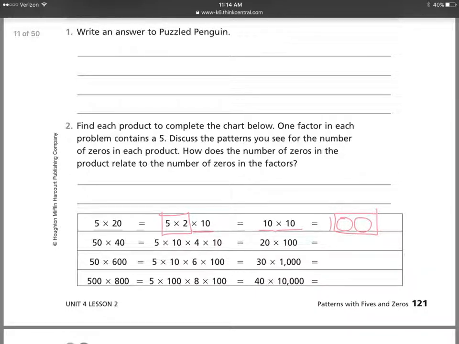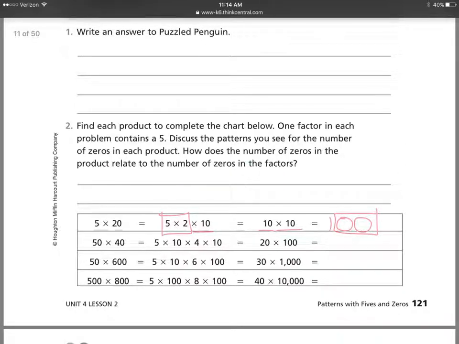Now I would like you to go ahead and solve the rest of these, the 3 other problems here. Show your answers over here as I did. Take a look at the products and the number of zeros in those products and find the pattern. And up here, number 2, write in your answer to how the number of zeros in the product relate to the number of zeros in the factors.